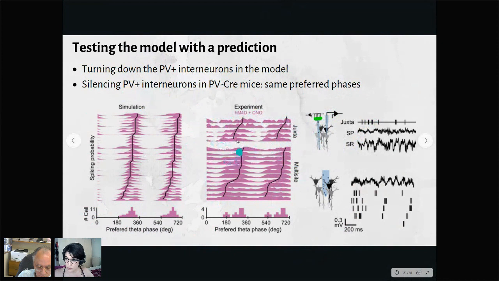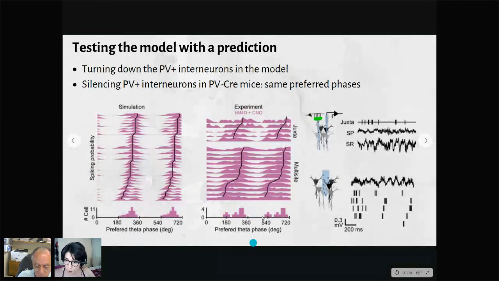Again, each of these rows is a different neuron. The spiking histogram along the theta phase of different neurons. And we can see in the bottom panel the preferred theta phase histogram.